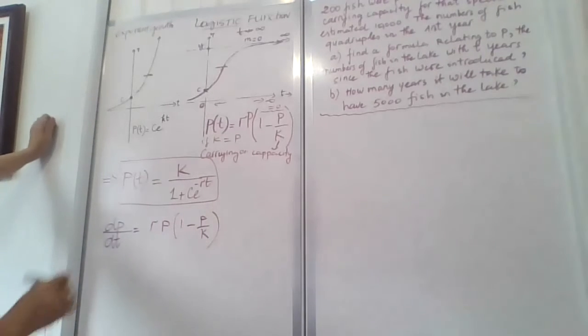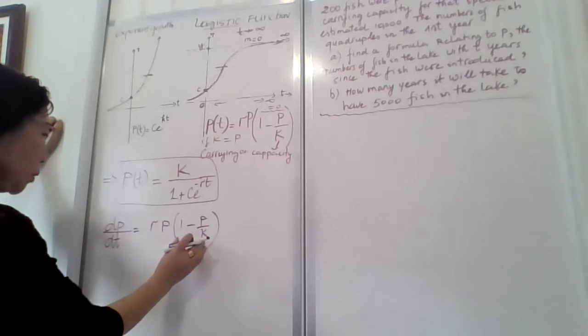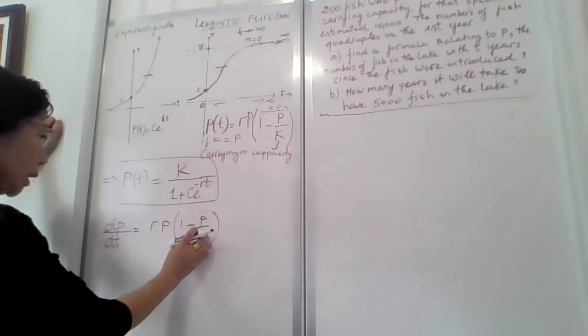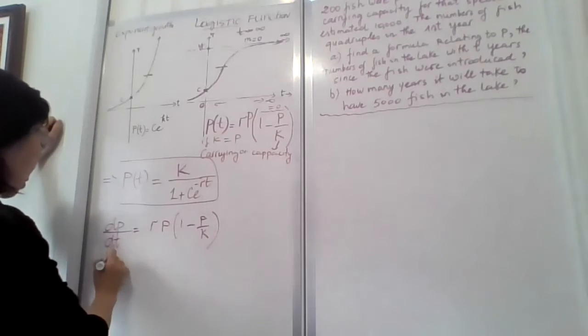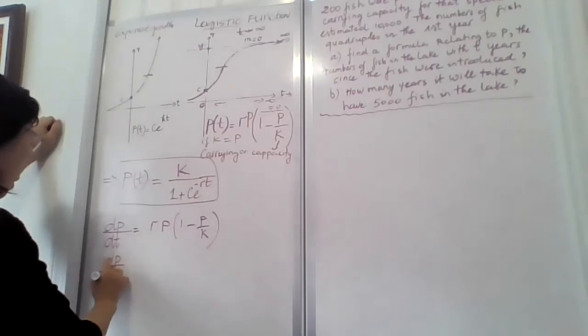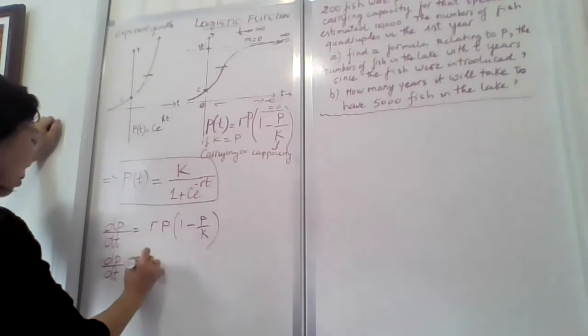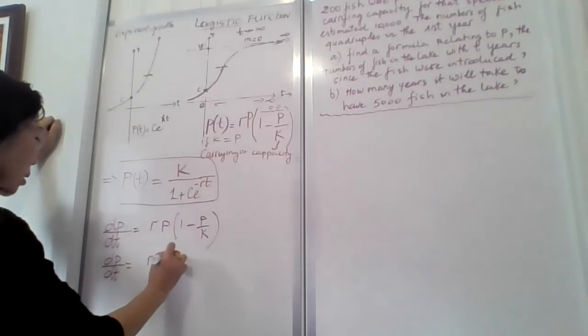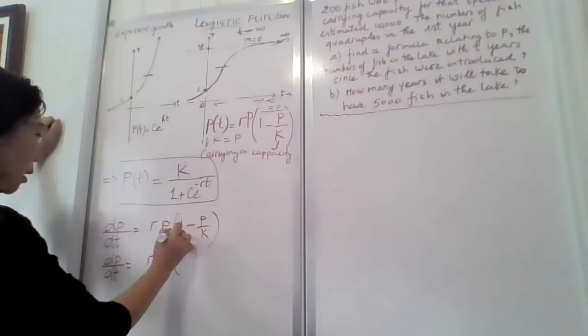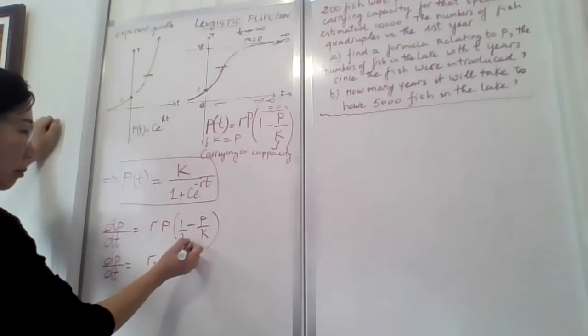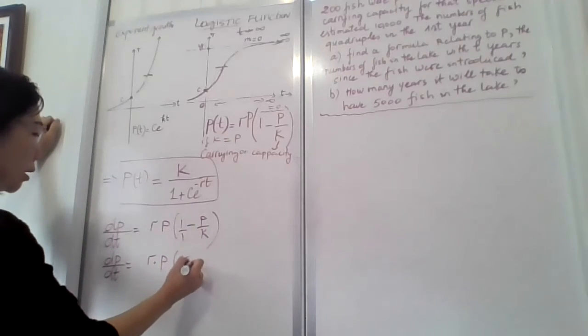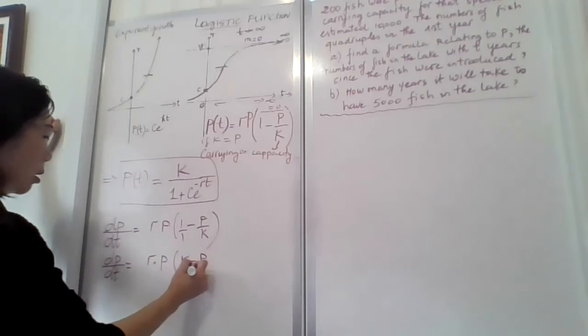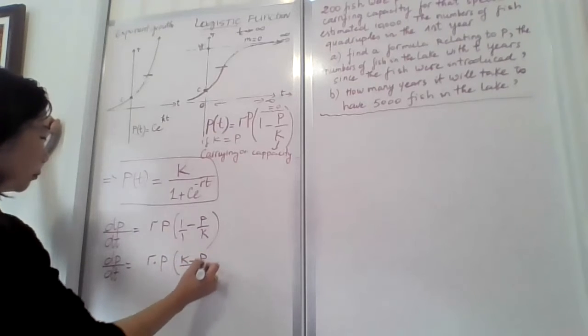Okay. Now I'm going to do something inside the bracket. So I'm going to make a common denominator. So this will become dp over dt equals r times p. And I'm going to put 1 underneath. So this time k, times k. So this becomes k minus p, all of them over k.